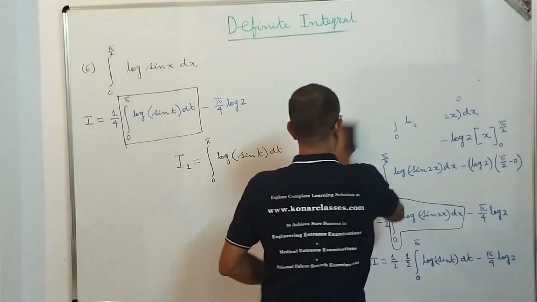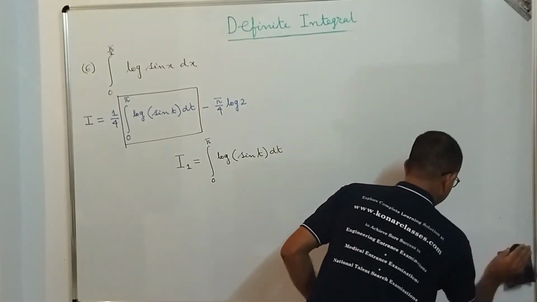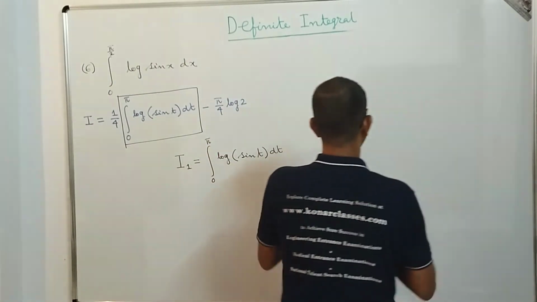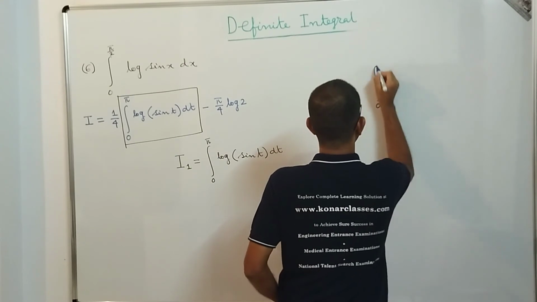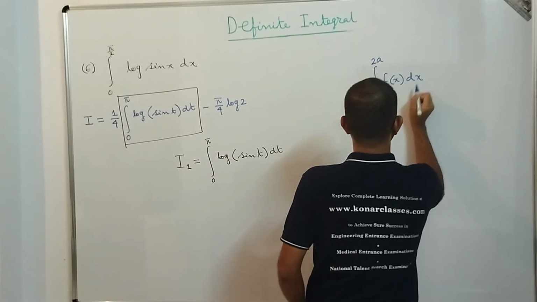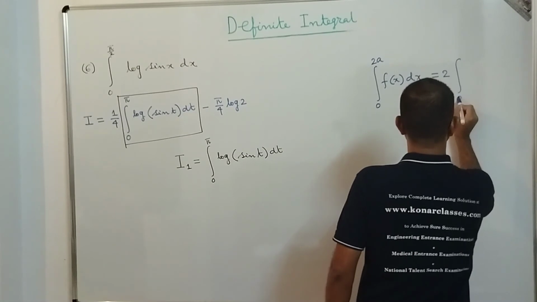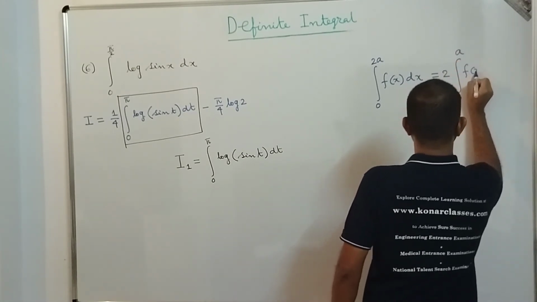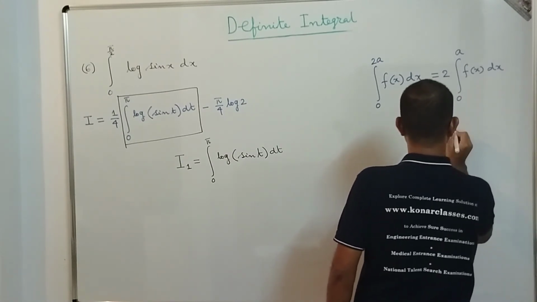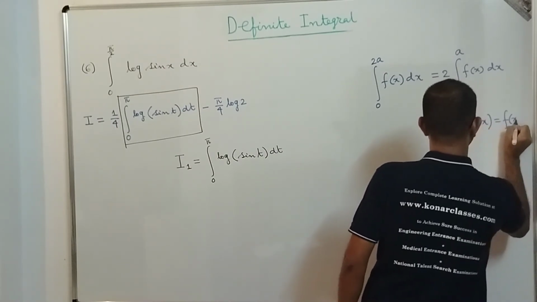Now, dear students, there is a rule we learned in the last session, out of these 8 properties of definite integral. Let me write it down: integration from 0 to 2a of f(x) dx is equal to 2 times integration from 0 to a of f(x) dx if f(2a minus x) is equal to f(x).